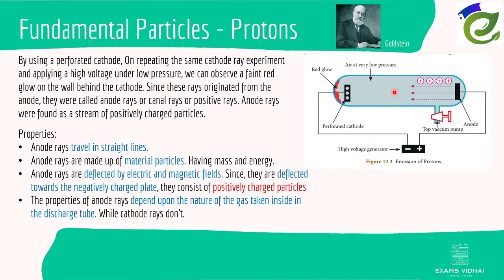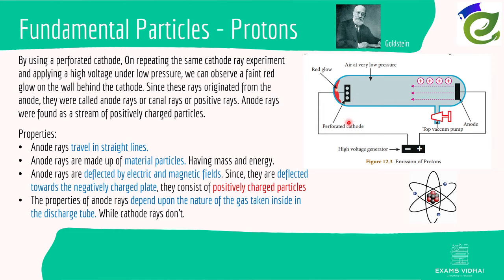And what this does is he saw visible rays coming from anode to cathode in a straight line. Before we saw them from cathode to anode, now we are seeing them from anode to cathode.